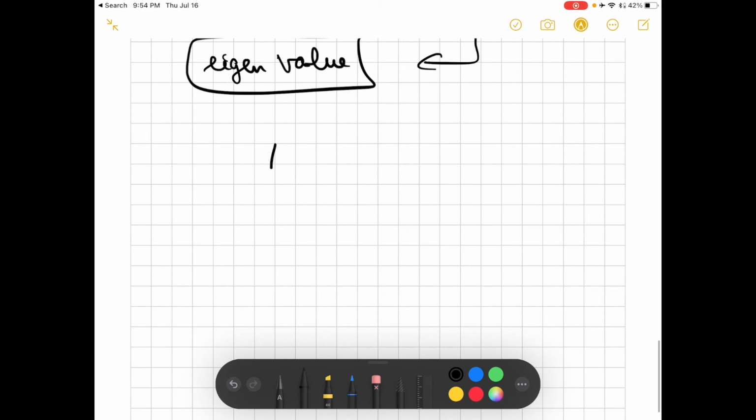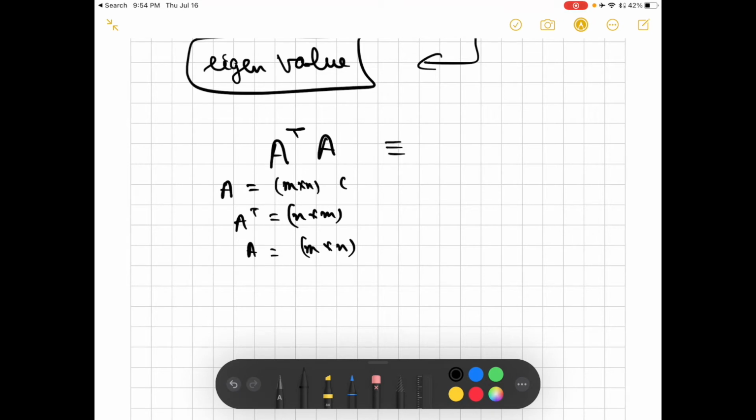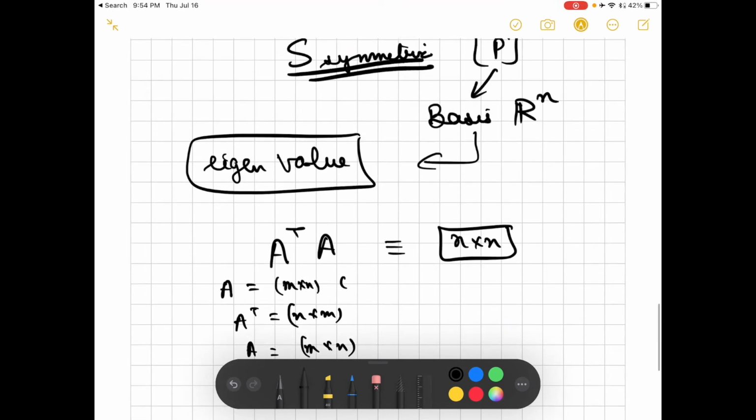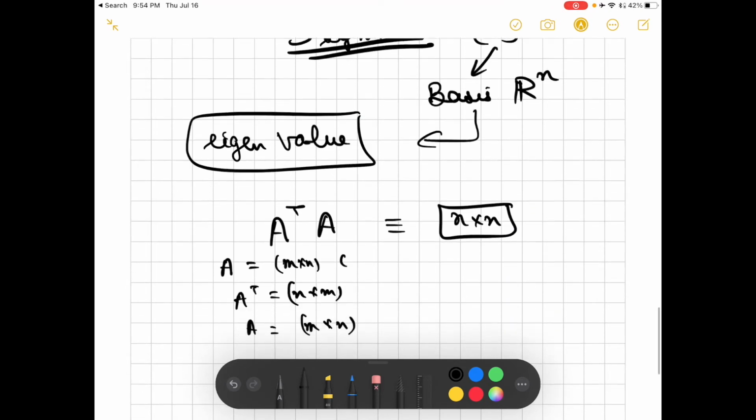Now, if we are given a matrix A, if we take its transpose and multiply by A, it does not matter what the dimension of A is. Let us say this is m cross n. If the dimension of A is m cross n, its transpose is going to be n cross m, and A would again be m cross n. If we take the product, we are going to get a resultant matrix of size n cross n, which is going to be square as well as symmetric.